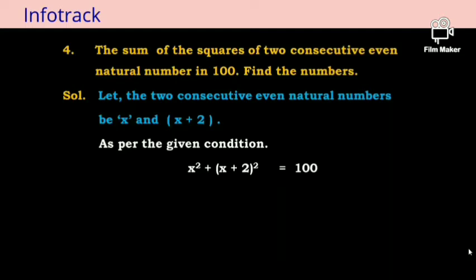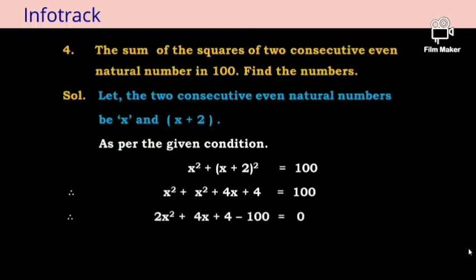According to the problem, the sum of the squares of those numbers is equal to 100. x square plus (x plus 2) whole square is equal to 100. Now you can expand the above equation by identity. So x square plus x square plus 4x plus 4 is equal to 100.